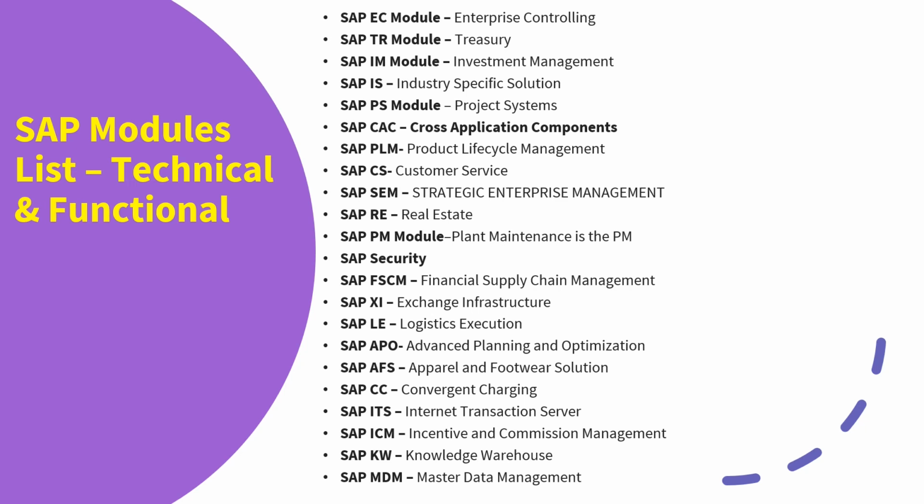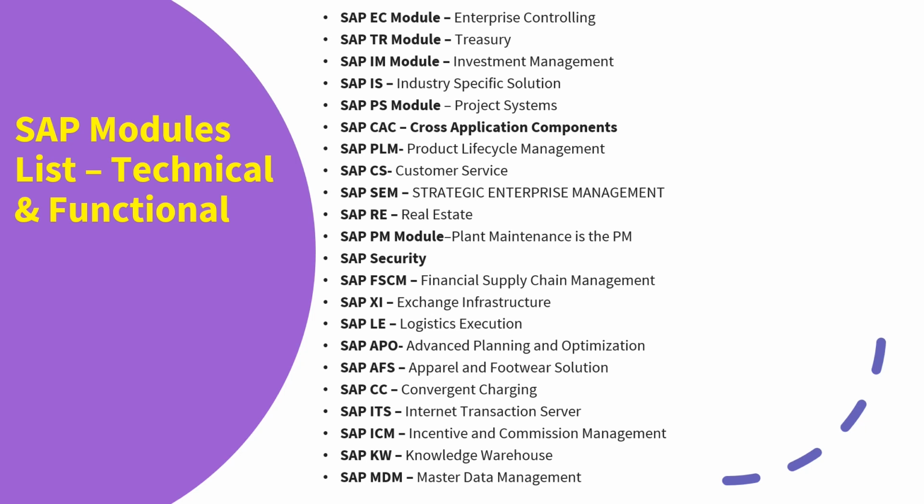enterprise planning. It has XI exchange infrastructure. It has LE for logistics execution. It has APO, AFC, CS, ITS, ICM, KW, MDM. Many more modules actually. These are the basic technical and functional modules I provided in this video. So now you can see how vast SAP is.